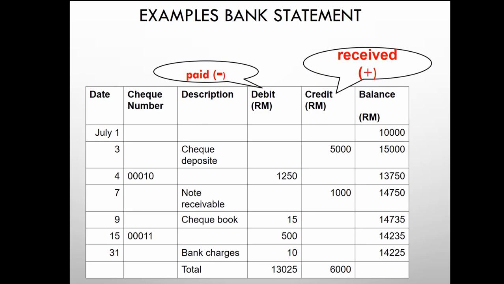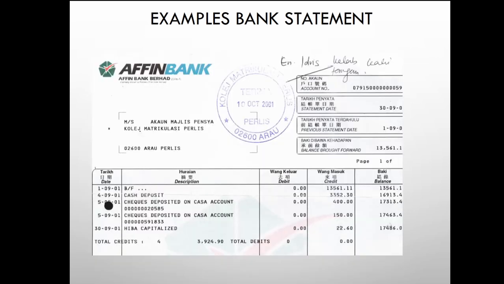Okay, this is the format of the bank statement. The debit side represents payment, the credit side represents received checks, and this is the balance of the current account of the business. And this is the example of a bank statement of the business.